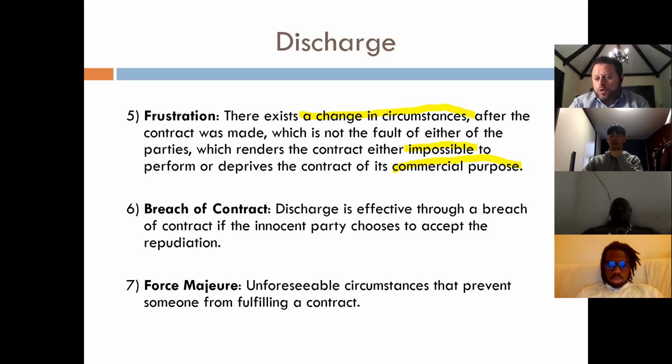But it's not Jordan's fault and it's not my fault. It's not the fault of either of the parties. But the contract is impossible, or even if I buy the beer, there's no commercial purpose because I can't sell it anymore. So the contract would now be frustrated. Let's look at a few examples of frustration.